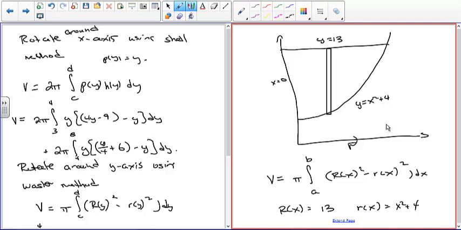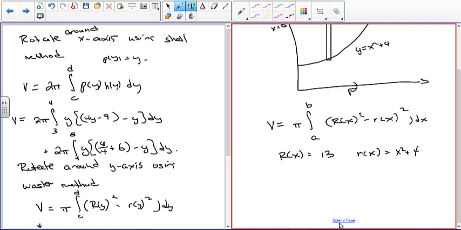So there's 0 and 3. There's 0 because the left part of the area is defined by x equals 0, and the right part of the area is defined by the intersection of the two curves. They intersect at x equals 3. So we can say a equals 0, b equals 3.